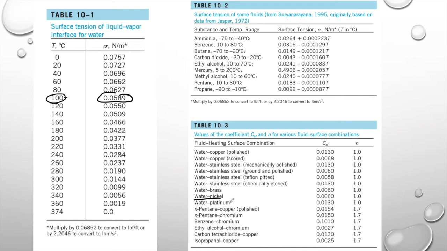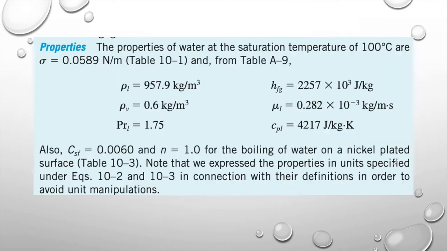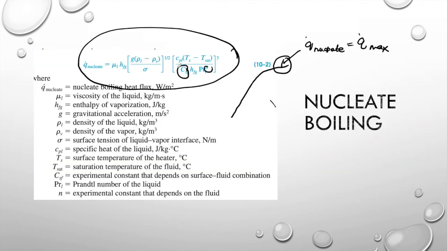No, water nickel. So take a look at the value for the CSF. We will get 0.0060 and the value for N is 1.0. That is your CSF and N value.